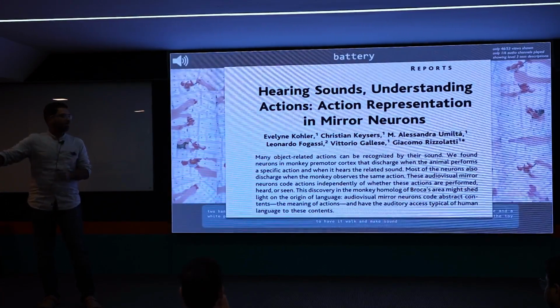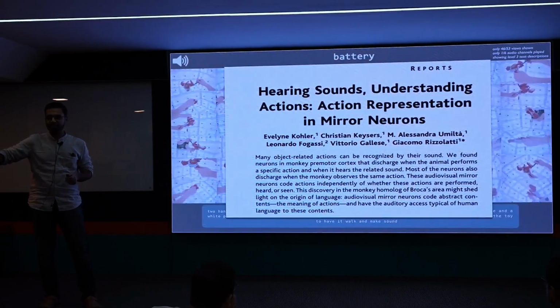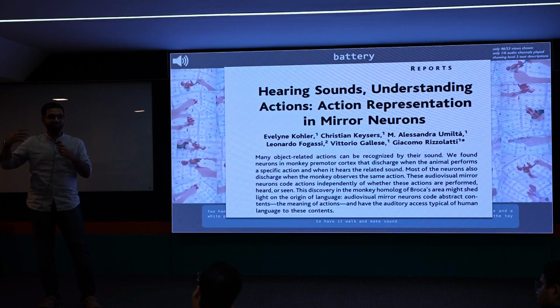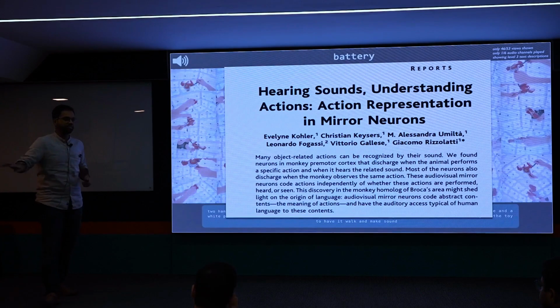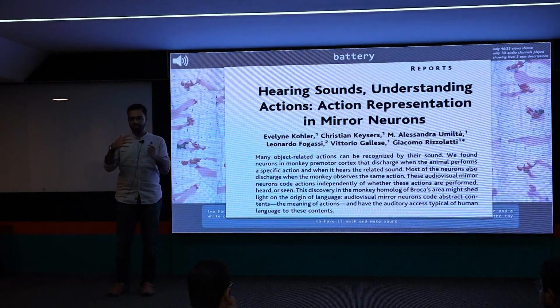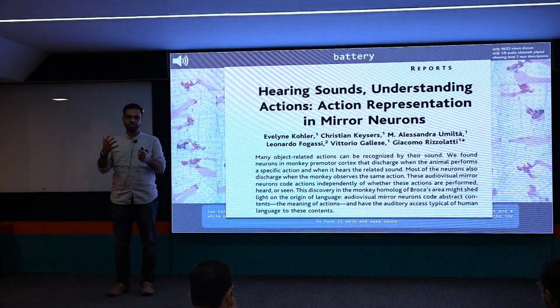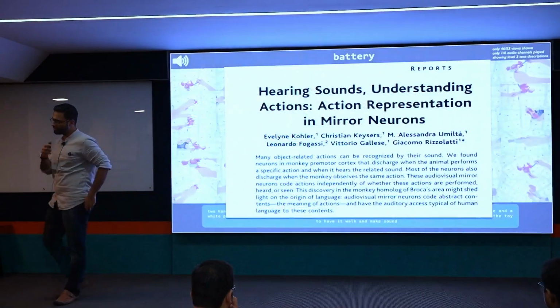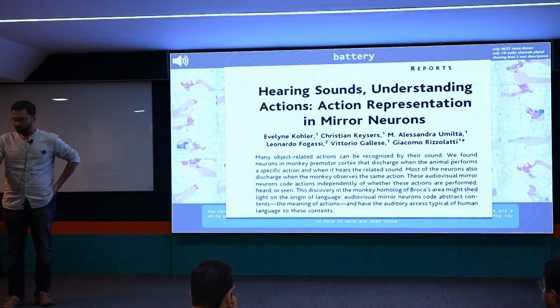In other words, what this paper shows is that 15% of neurons involved in grasping and manipulation in our brains activate when we hear sounds of us performing those activities. So there's a very strong correlation between audio and visual signals for grasping and manipulation. That's why we recorded a lot of audio as well.